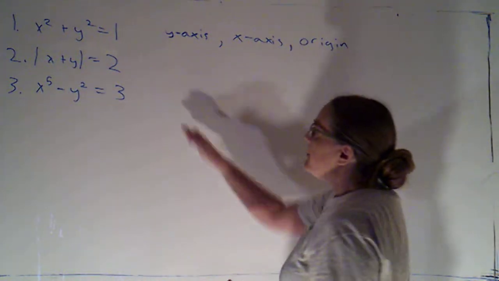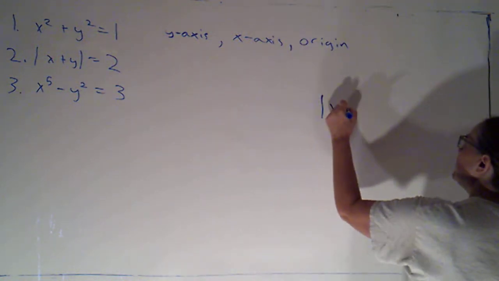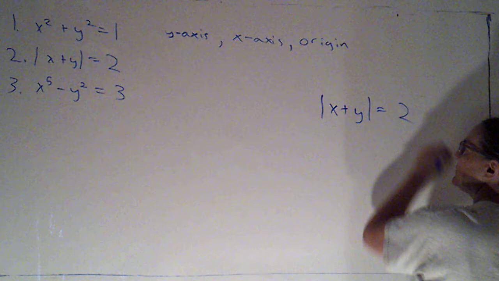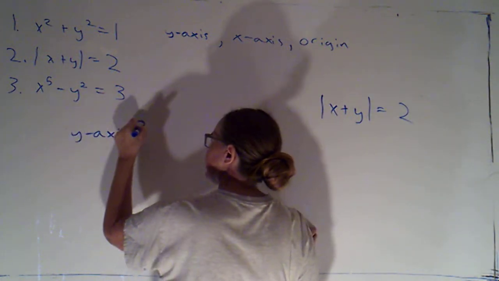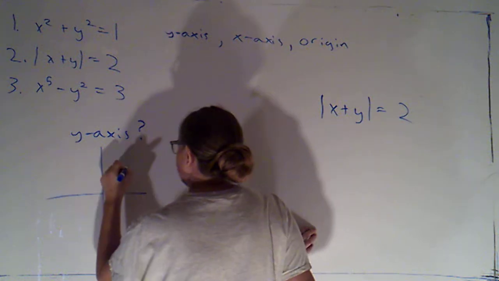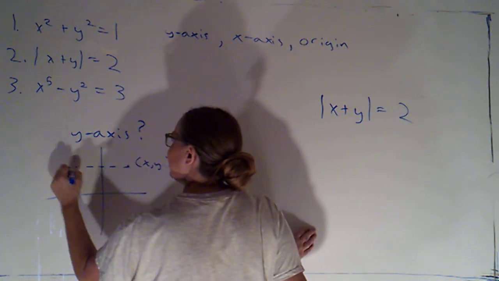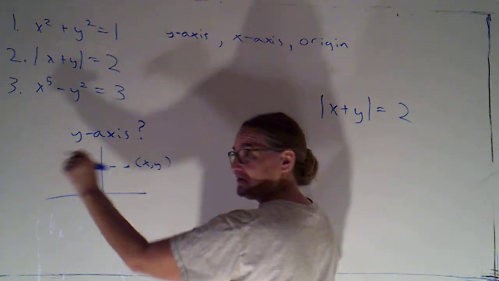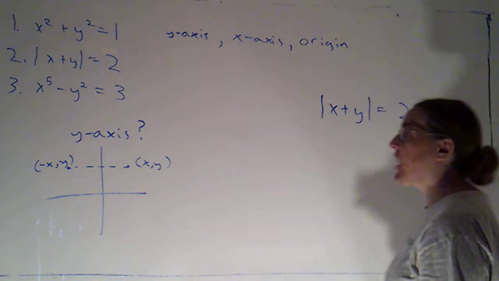All right. For number 2, we're looking at the absolute value of x plus y equals 2. Now when I check for symmetry about the y-axis, again, if a point x, y has a mirror image on the other side of the y-axis, the coordinates would be the opposite of x, y.